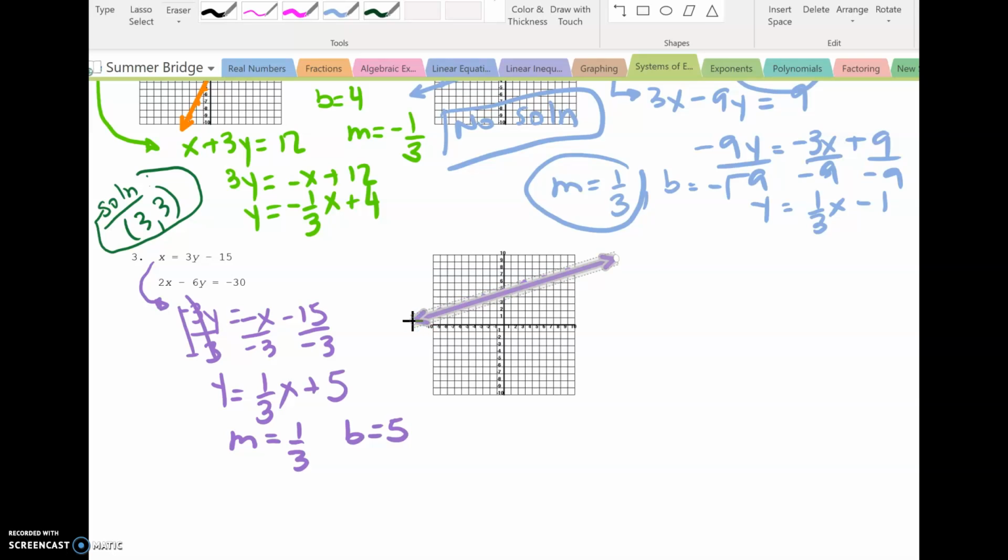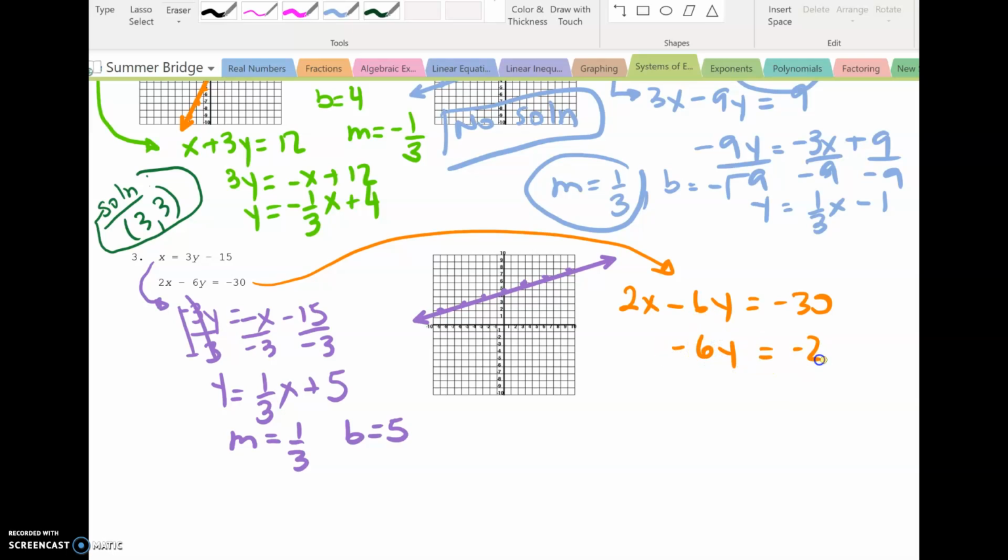Okay. And so now I'm going to go ahead and change colors, and I'm going to do this one here. 2x minus 6y is equal to negative 30. So I'm going to subtract my 2x, sorry, it's 30.